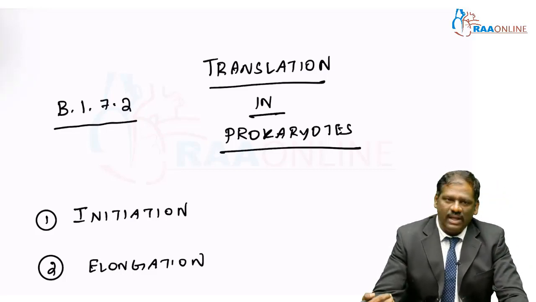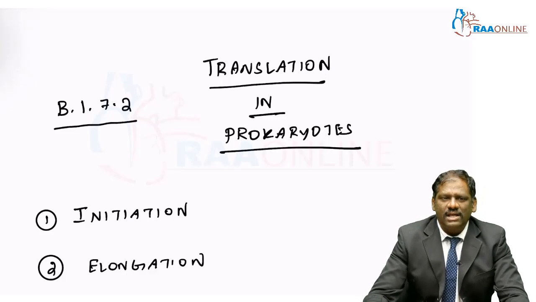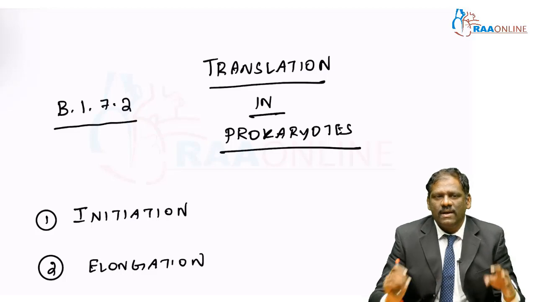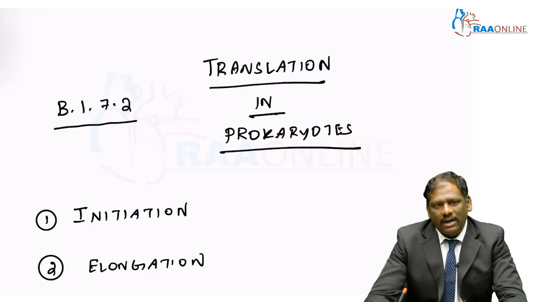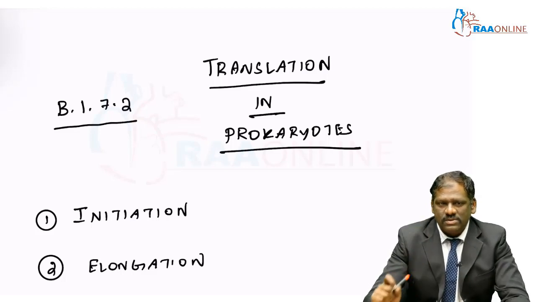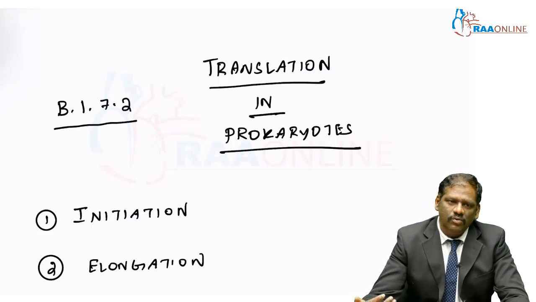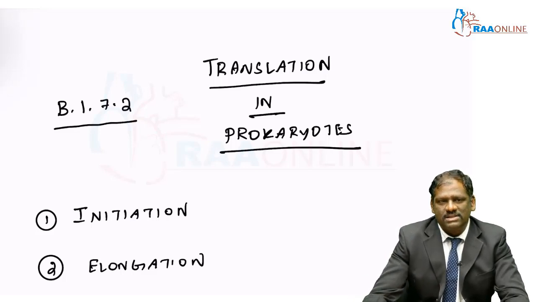Then all this takes place in an office-like structure called ribosomal RNA, or rRNA. So we have all these three. Then we have amino acids, the primary requisites, because from the amino acids you are going to make the proteins. So obviously you will require amino acids.